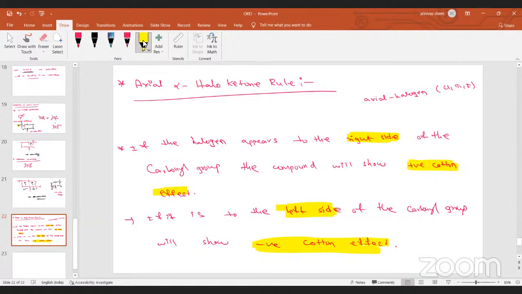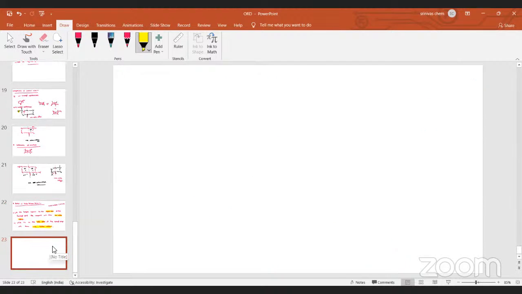One example. Here, an axial alpha halogen.